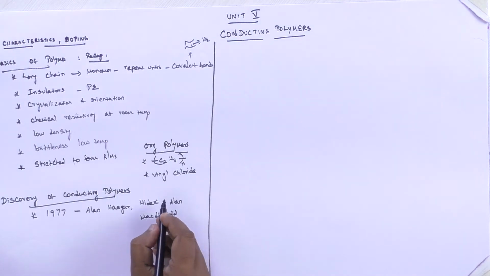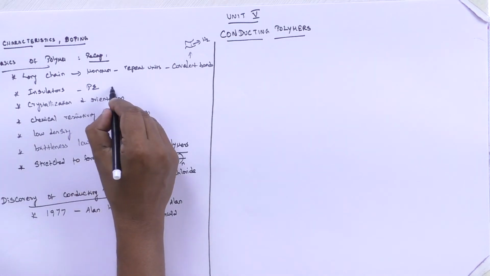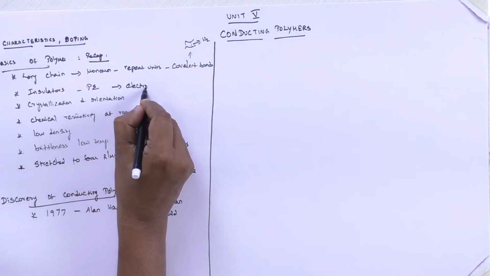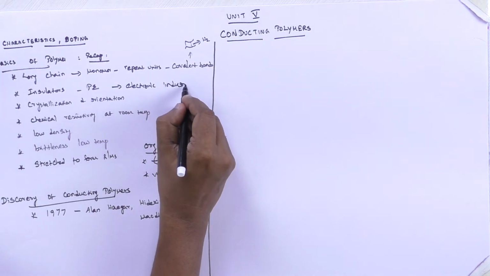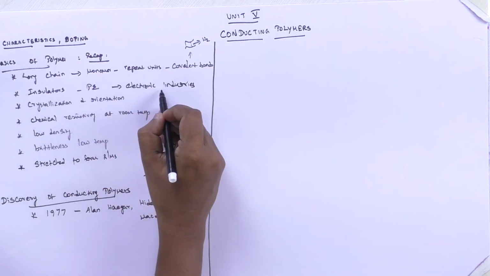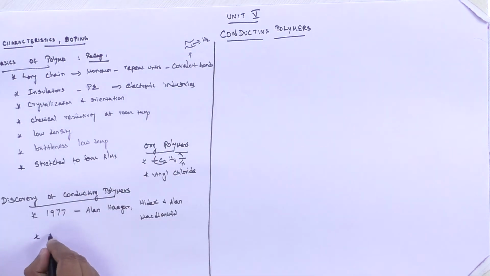These three scientists combined together and discovered conducting polymers. Before that, polymers were used as insulators in the electronic industries, but only after the discovery have they been used as conducting polymers. So, it finds main application in electronic industries, and it has advantages over conductors also.